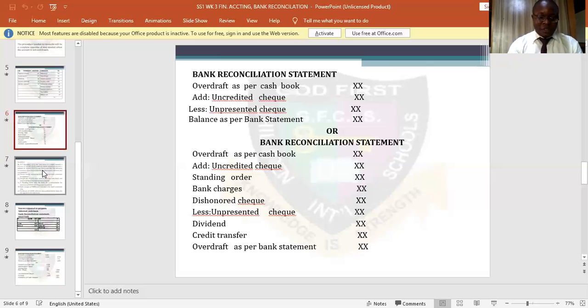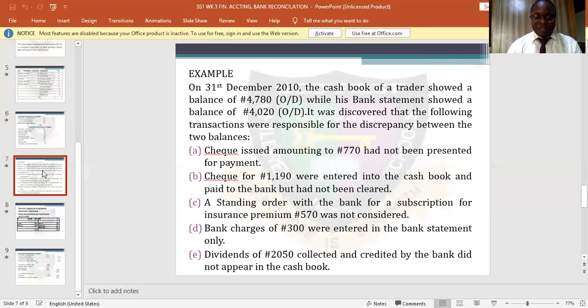Then let us look at the question that we are given here. On 31st December 2010, the cash book of a trader showed a balance of 4,780 naira OD. OD simply means overdraft, while its bank statement showed a balance of 4,020 naira OD.